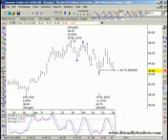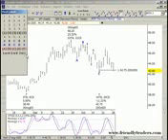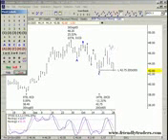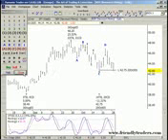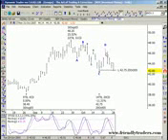However, we still have an overlapping wave pattern. So the assumption remains that corrective decline is unfolding off the September 30th high. So more than likely, this October 25th high should be a wave D high of an A, B, C, D, E complex corrective decline.